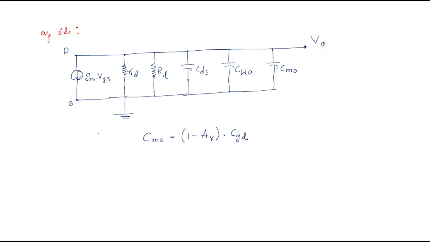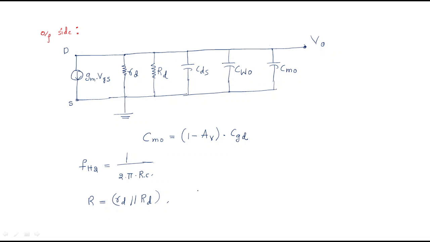The high frequency formula, we can take it as FH2. Here also the same formula: 1 by 2 pi RC. What is R? R is small r parallel to capital R, so the small drain resistance in parallel with the capital drain resistance.